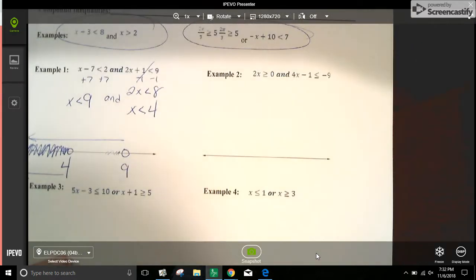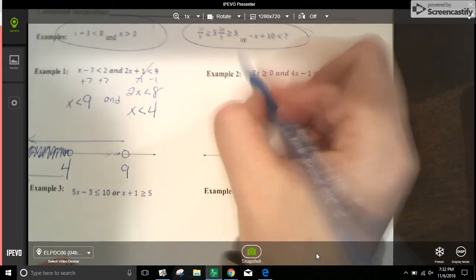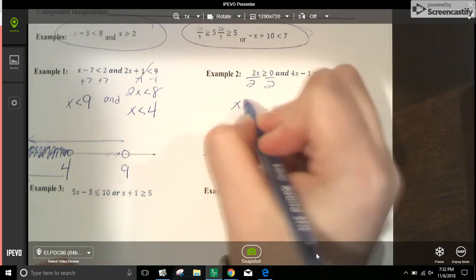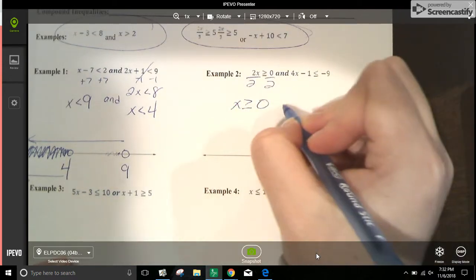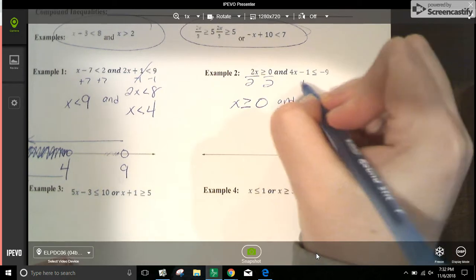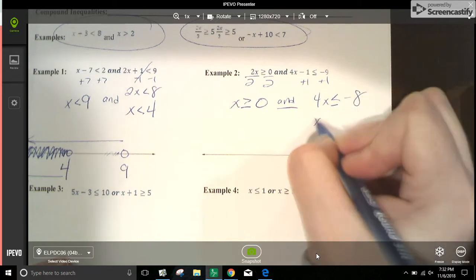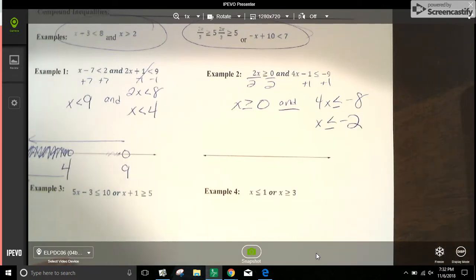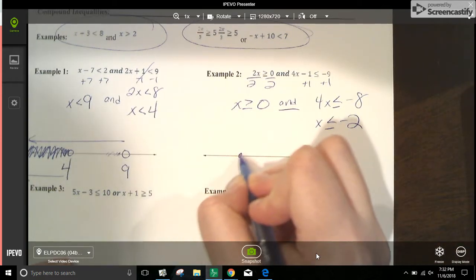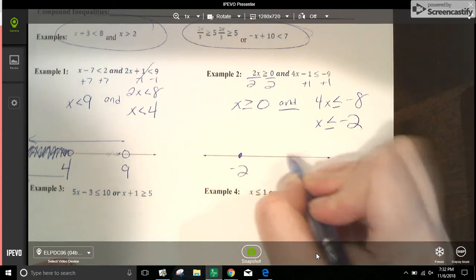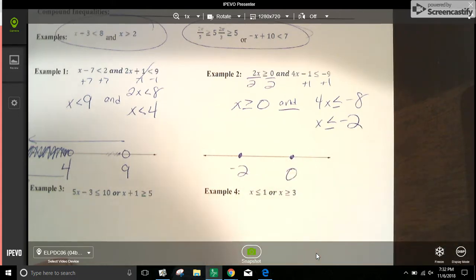So for example 2, you should get x is greater than or equal to 0 and x is less than or equal to -2. So closed circle at -2, closed circle at 0.